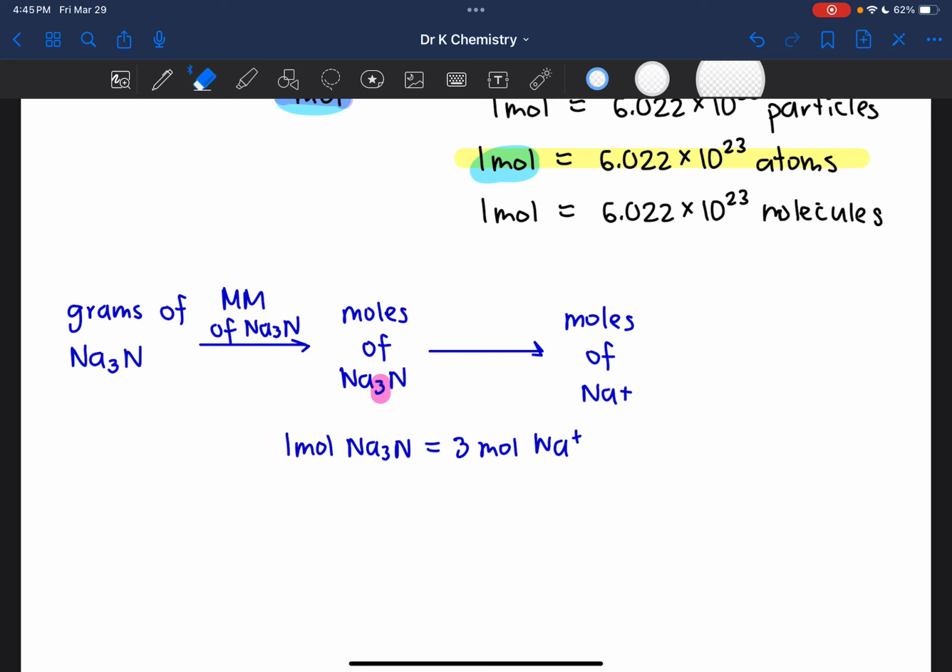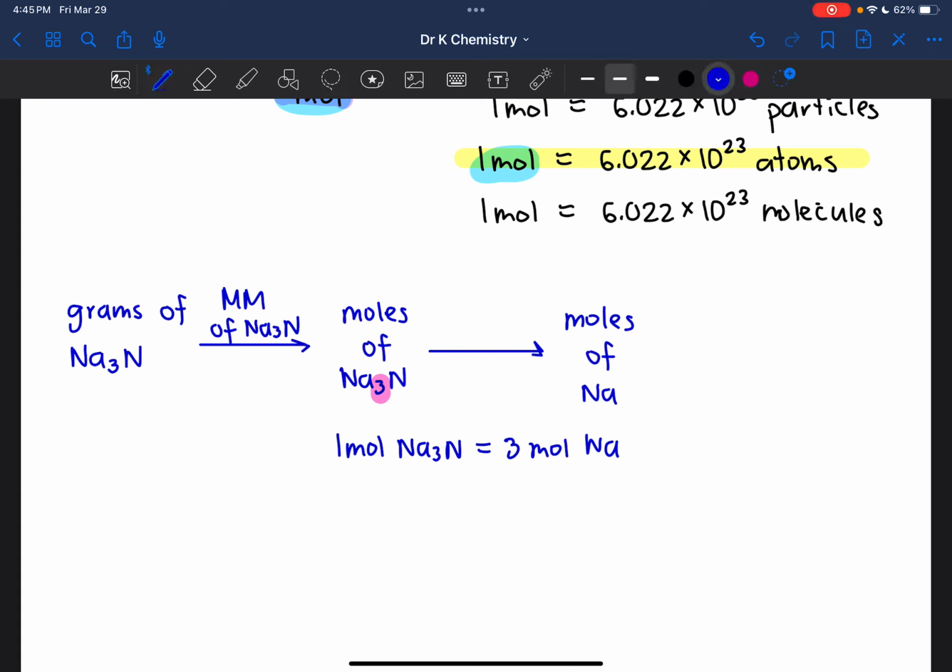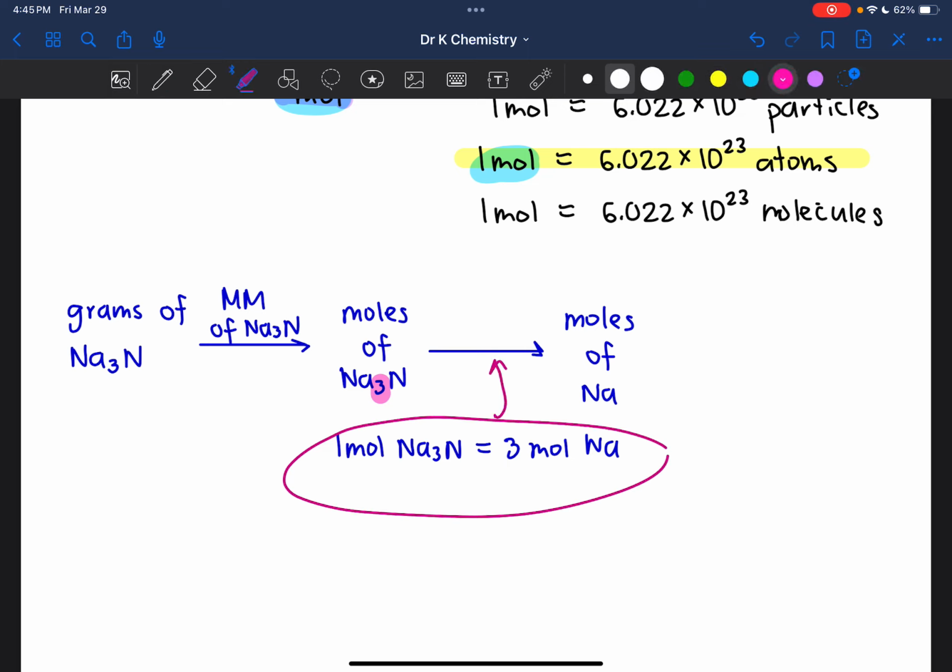And here I'm putting in the charge because the sodium here exists as a sodium ion. You could ignore it. The calculation will be exactly the same, so it doesn't particularly matter. That piece is what goes on that arrow, because that will take me from the compound to sodium alone.